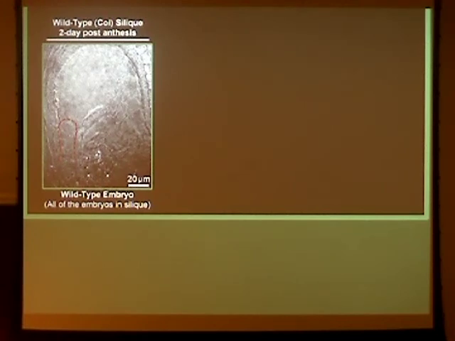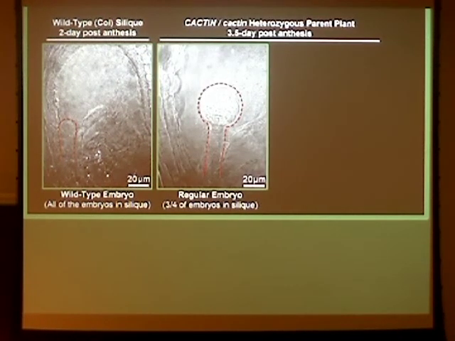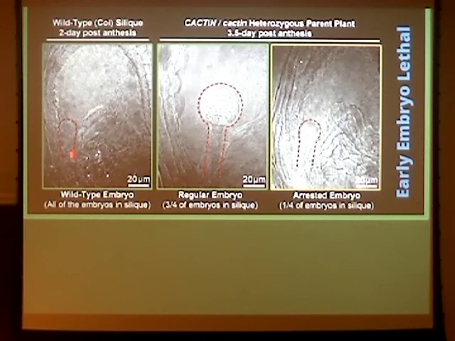If we look a day and a half later, they've grown much more, and they now have this globular state that kind of looks like a lollipop. And in the calyx from the heterozygous mutants, we find 75% look like this at this stage, 3.5 days after the flower is open. However, 1/4 of them still look like this.